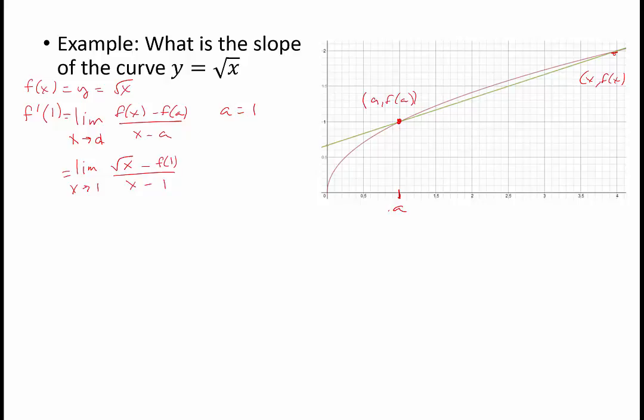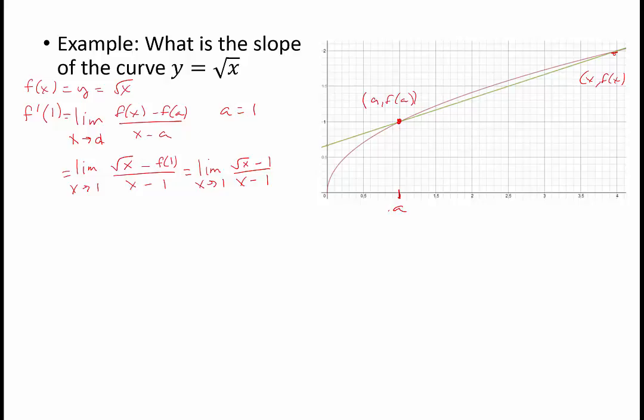Now, what is f of 1? F of 1 is the value of this curve. Oh, that is the square root of 1. That is the square root of x minus the square root of 1.